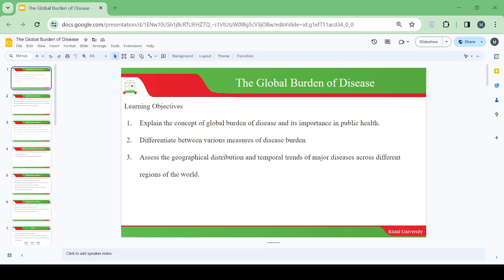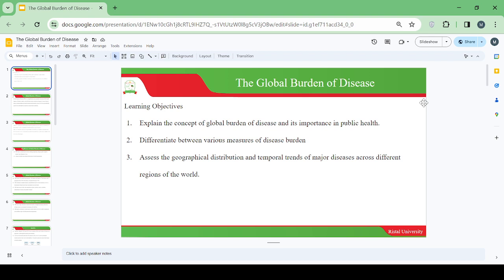So the first issue always is to first understand the problem before you deal with it. We want to understand what the burden of disease is, what the global burden of disease is.